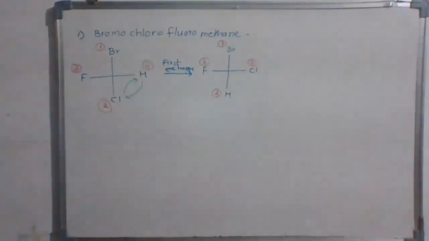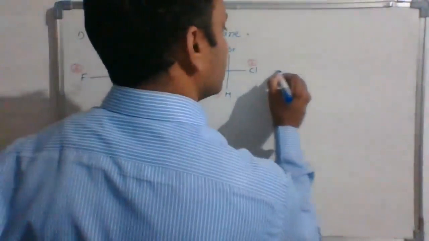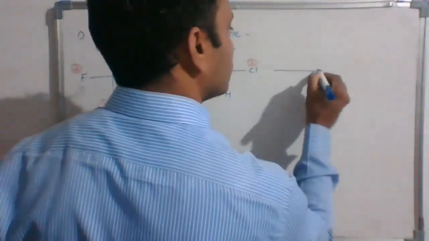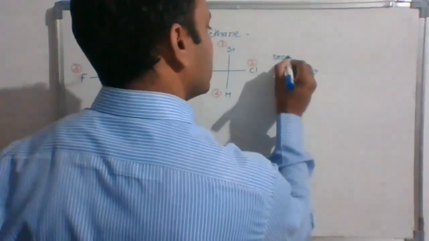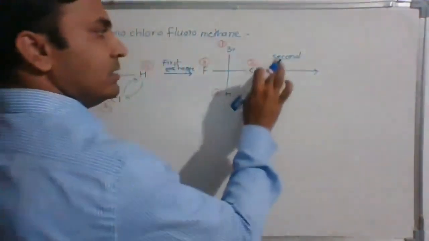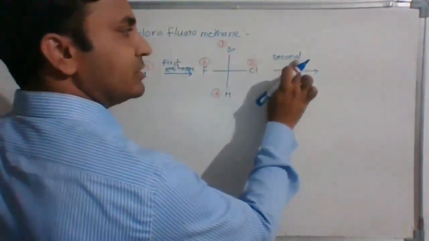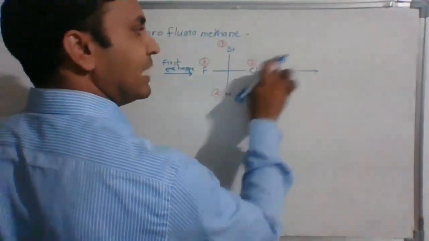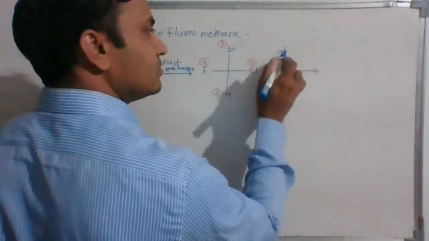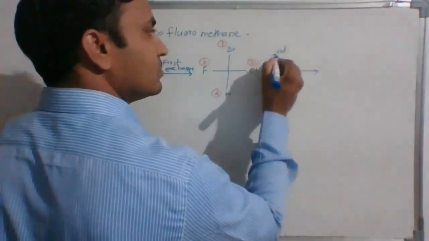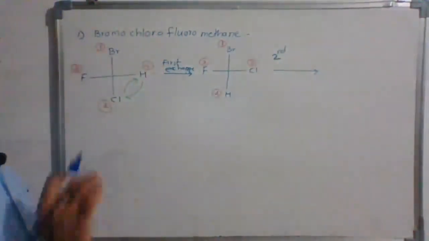Now what is our second step? What we do in the second exchange? Second, okay, it is not necessary to write in words. You can show it like this. Second, you can show like this also.